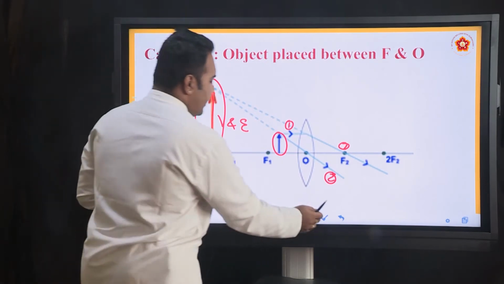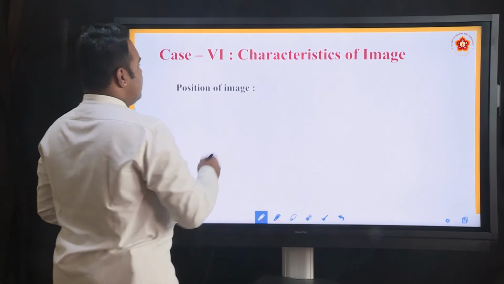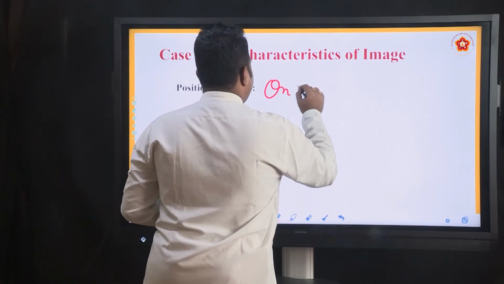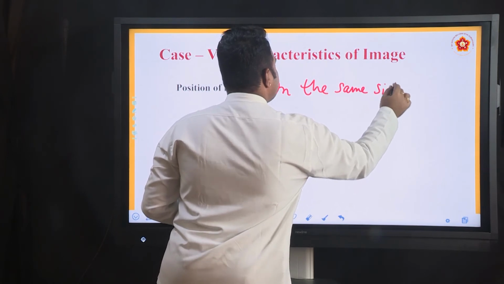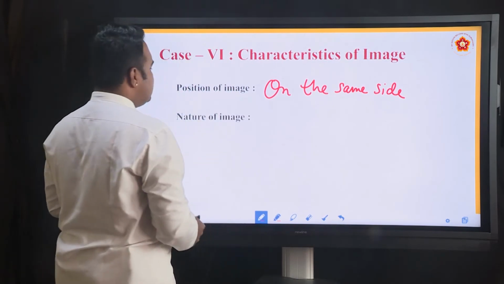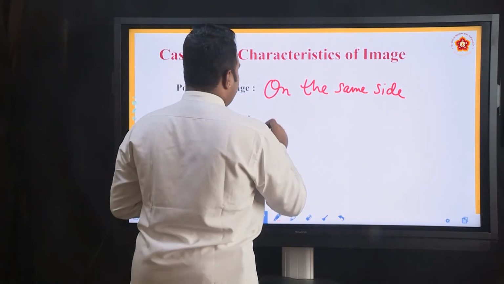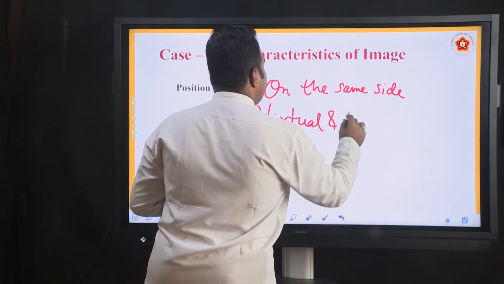It is an enlarged image. Position of the image on the same side of the lens. In all the other 5 cases we have seen the other side of the lens. Position of the image is on the same side of the lens. Nature of the image, now it is virtual and erect.